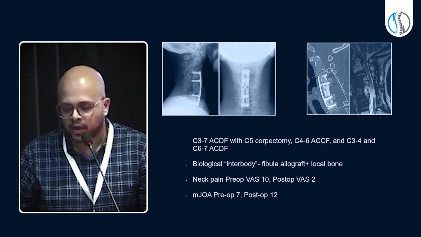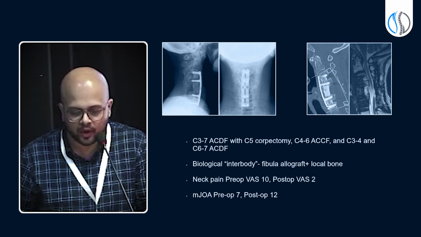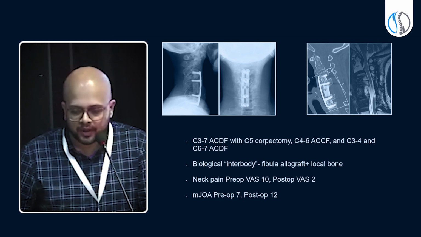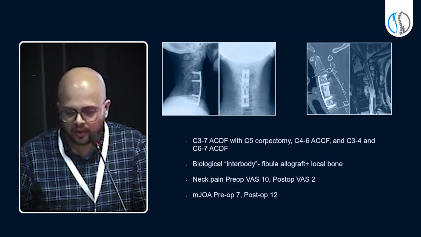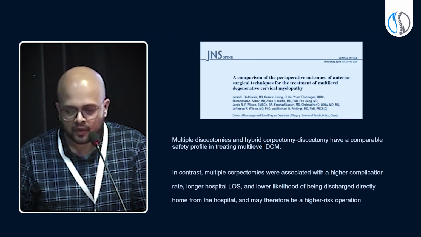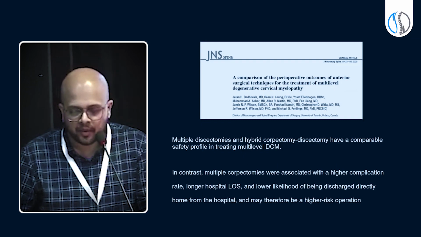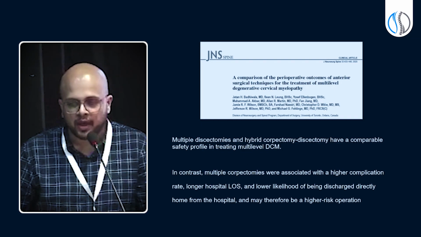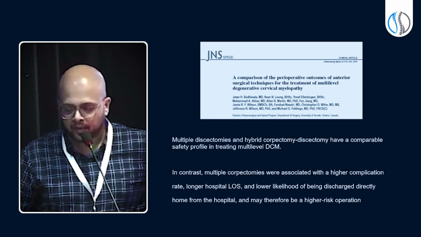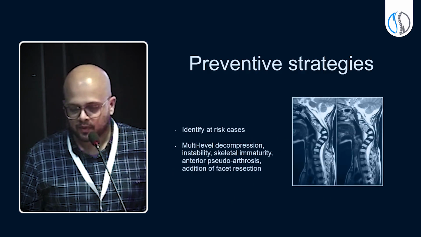We did not augment it posteriorly, which could have been an option, but the patient was immobilized for quite some time. We opted for a hybrid corpectomy discectomy because studies have shown that multi-level corpectomy has a higher complication rate.